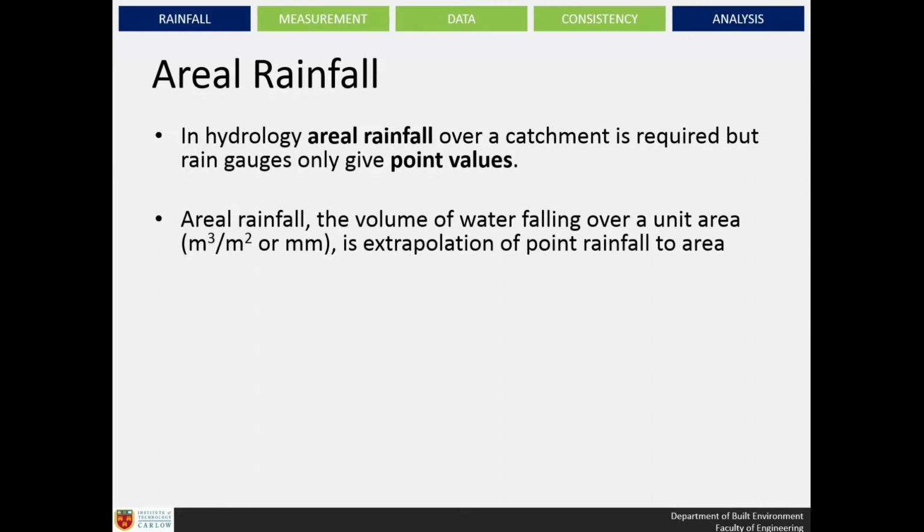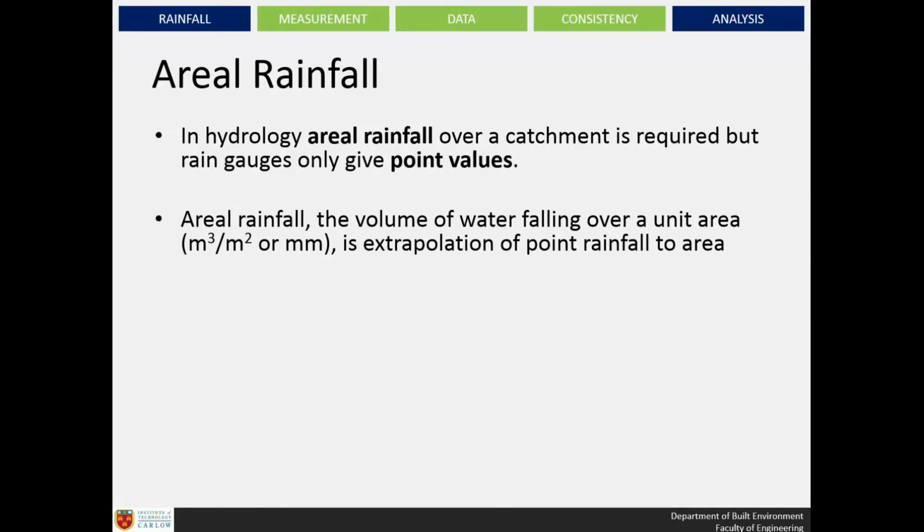So that's where you come into this concept of areal rainfall. By definition, areal rainfall is the volume of water falling over a unit area. So it's meters cubed per meter squared, or millimeters, and it's an extrapolation or interpolation of point rainfall to area.